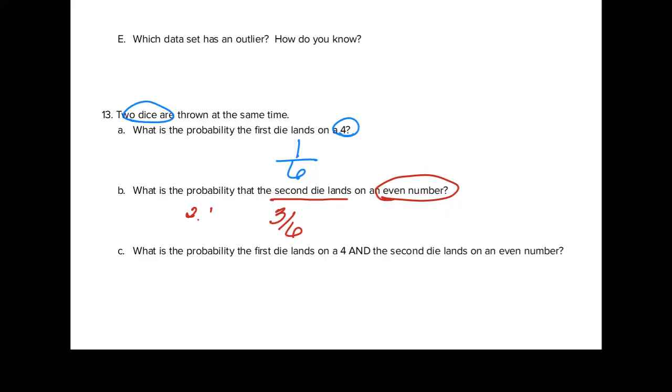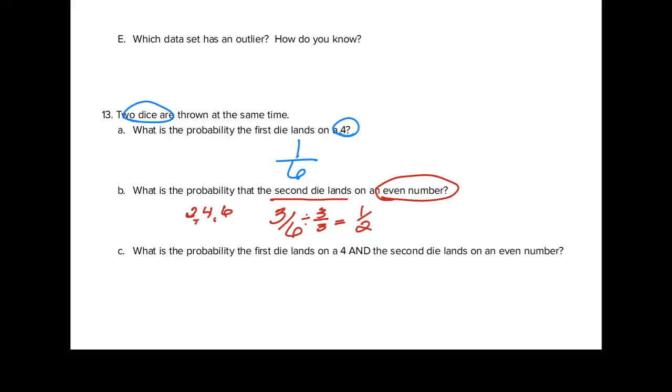You have 2, you have 4, and you have 6. So that is a success of 3 out of the 6 numbers. It does not say whether we should reduce or not. 3 out of 6, hopefully you would know, should simplify down to 1/2 if it says to reduce. If it says don't reduce, then you would leave it as 3 out of 6. Okay? All right. Good job.